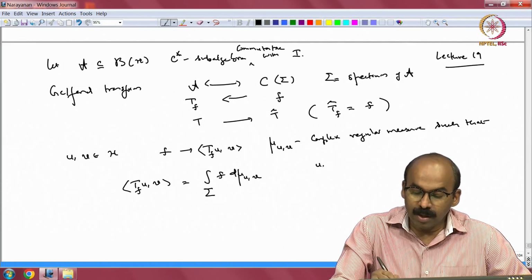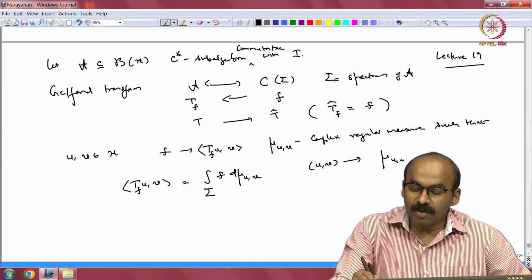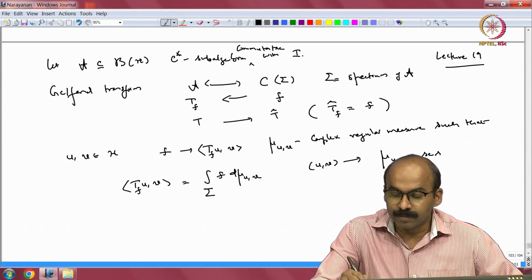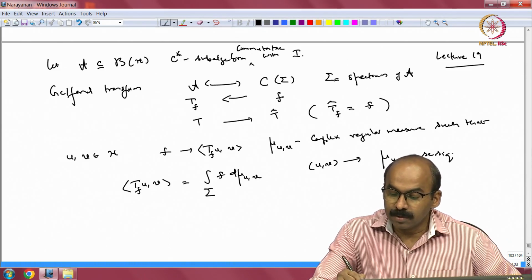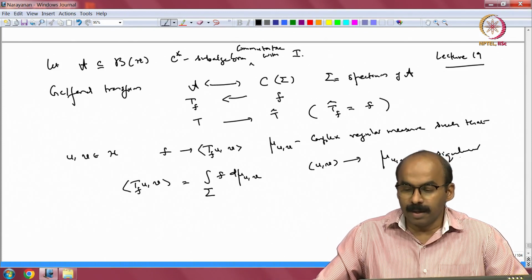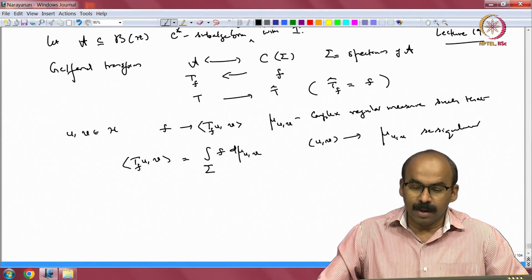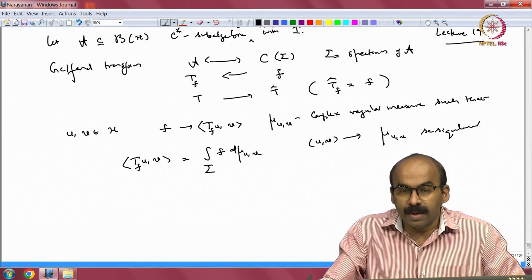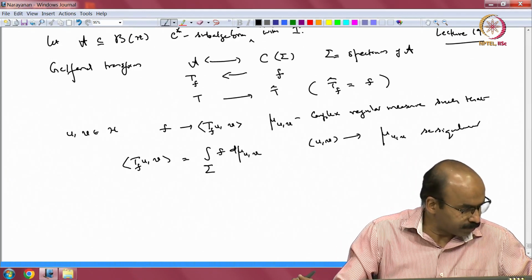And u v going to mu u v was sesquilinear, a measure valued inner product, if you like. And so, it is linear in u, antilinear in v and things like that, right.